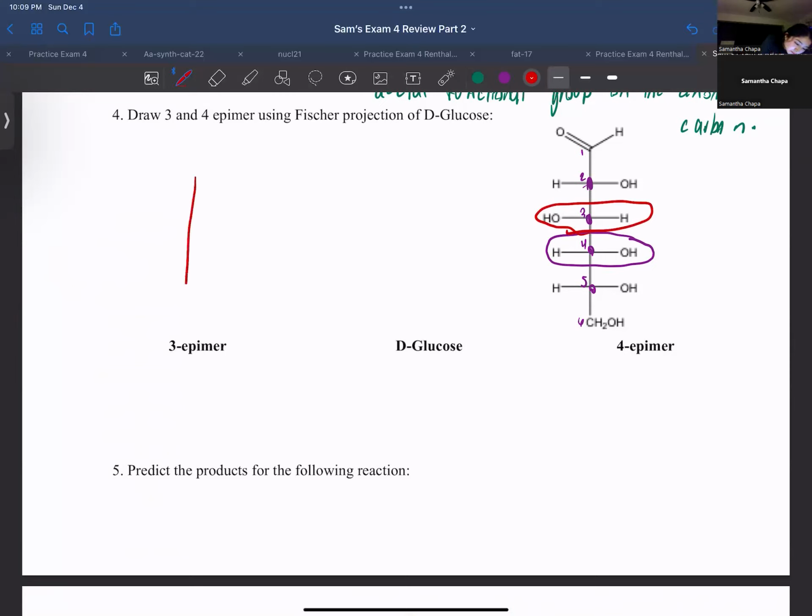So I'm going to write everything as normal. CHO. I'm doing the 3 epimer first. This is carbon number 3, so this is the stereogenic center that flips. Everything else stays the same. That's my 3 epimer. Notice how only the third carbon that I labeled flipped from the left to the right. Now let me write my 4 epimer.